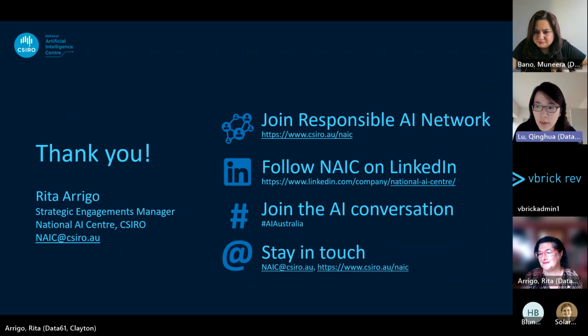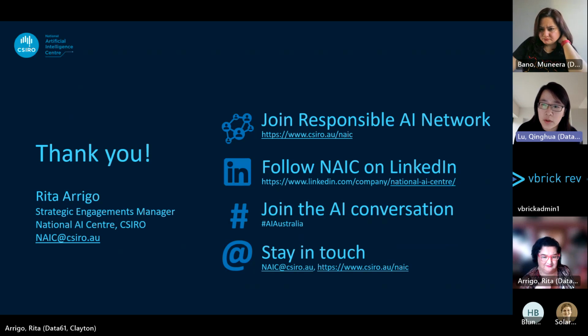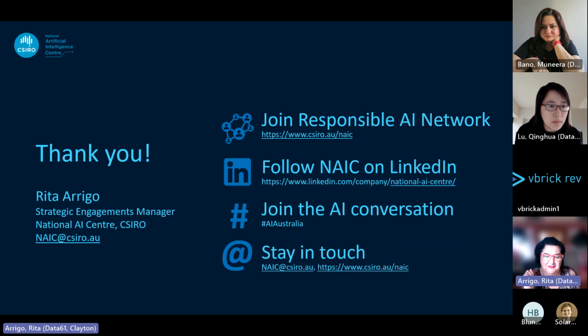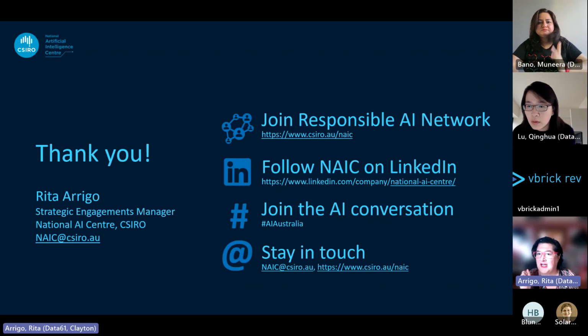Also, the pattern catalog has been used by a startup company. They embed the process patterns and the product patterns in their platform, so their platform users can embed these patterns automatically into the AI code they develop. And there is a link to the pattern catalog at the National AI Centre website on the Responsible AI Network page.